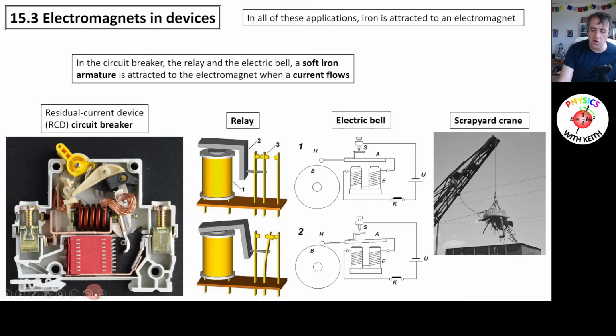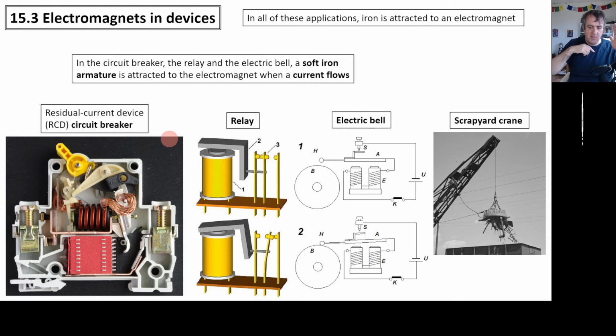So the current under normal operation, and I'm not sure where it comes in and goes out on this particular relay because there's a lot going on here, but the current comes into the relay, passes through the coil, and then comes out again. And there's an iron armature. And if the iron armature moves, it actually breaks the circuit.